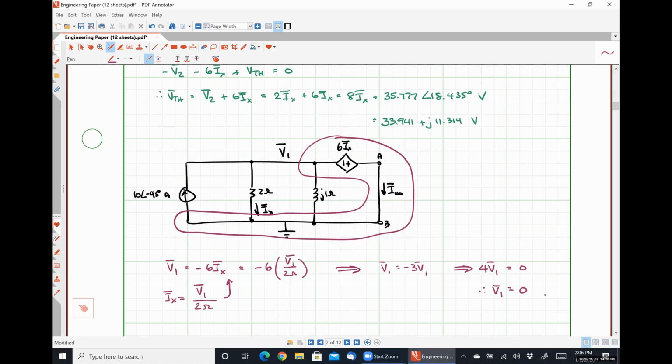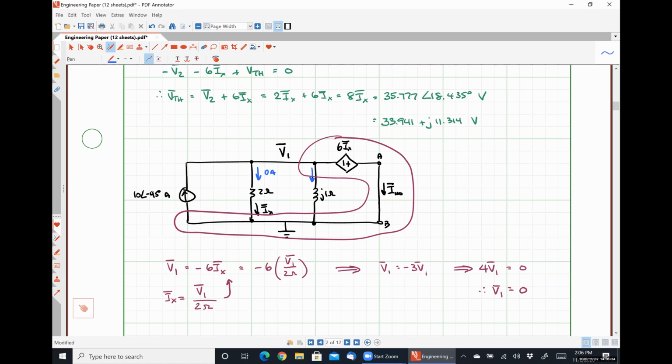Does that help me solve for I Norton? Immensely, okay? If V1 is 0, how much current flows through the 2 ohm resistor? 0 amps. How much current is flowing through the j1 ohm inductor?